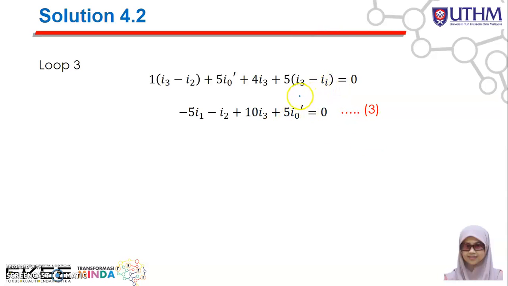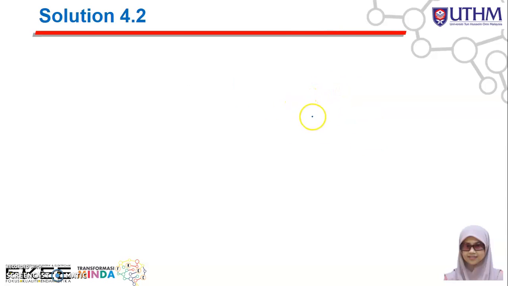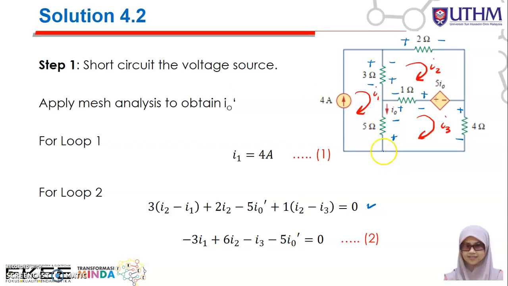If you refer to here, let's consider this as node 0. You have the direction of I0 here, also I3 here, and I1 here. Basically you can apply KCL at node 0. Here you can see that I3 plus I0 will be equal to I1.